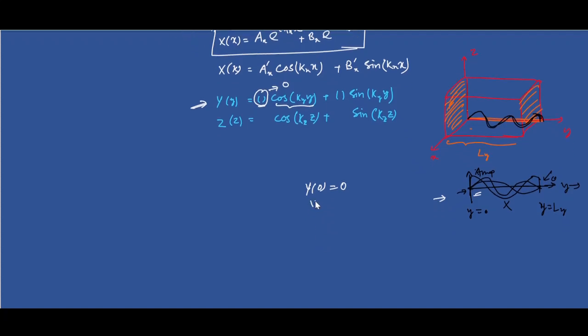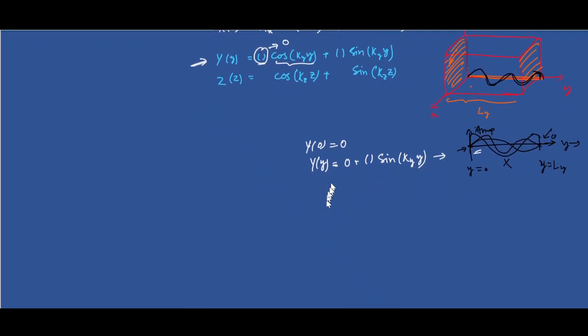Then we are going to get Y equals to some constant times sine of ky times y. Again, we have to apply one more boundary condition: for y equals to ly, it has to go to 0. So Y at ly equals to 0. This implies sine of ky ly equals to 0.